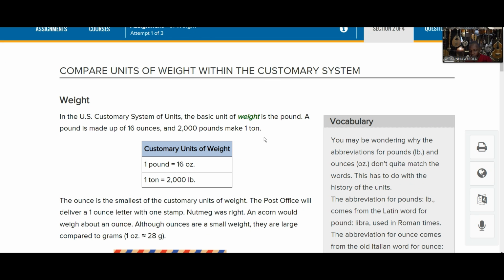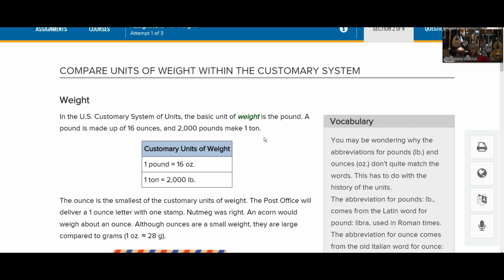And 2,000 pounds make a ton. So 1 pound is 16 ounces. Then 1 ton is 2,000 pounds. Is that clear?